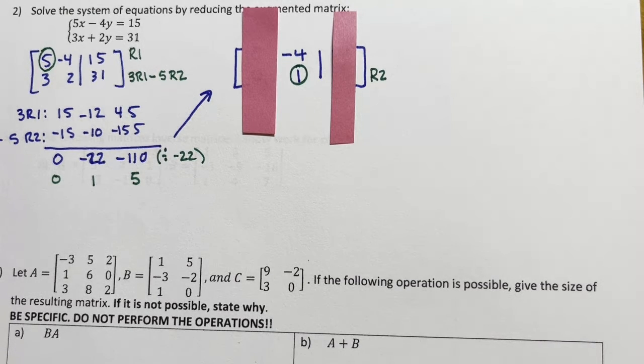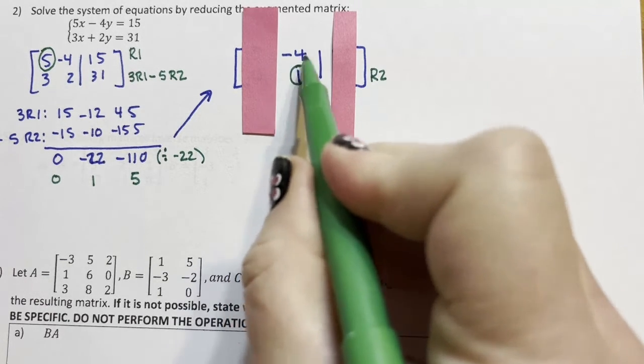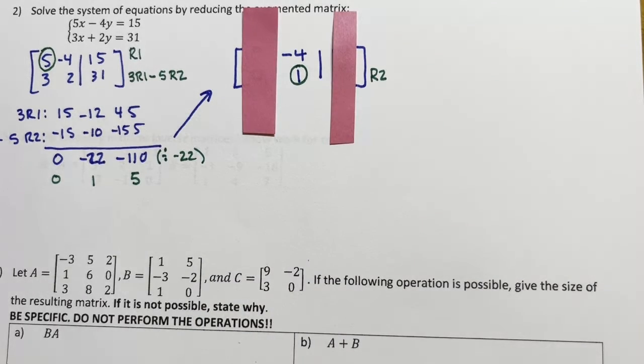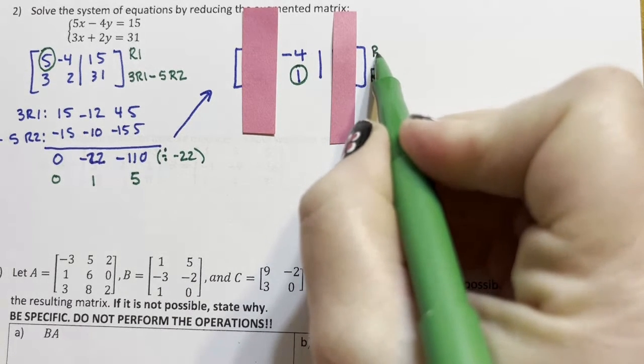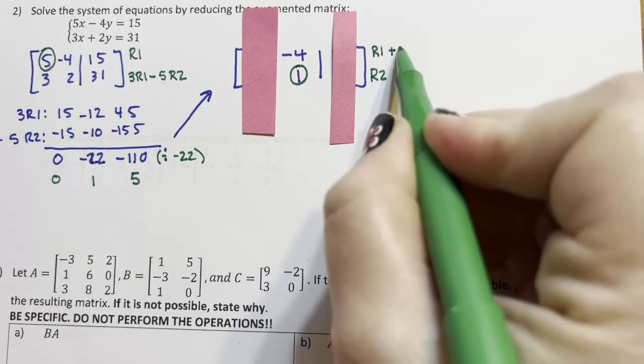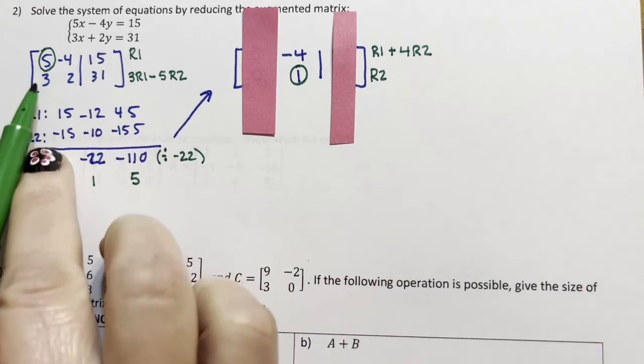I might do more than just leave it as row 2 if it wasn't a 1, but we'll get to that in another example. I need to use that 1 to zero out the 4 because again, the focus is the zeros. I want zeros. So to get that to be a 0, I'm going to do row 1 plus 4 times row 2. I subtracted here because the signs were the same.